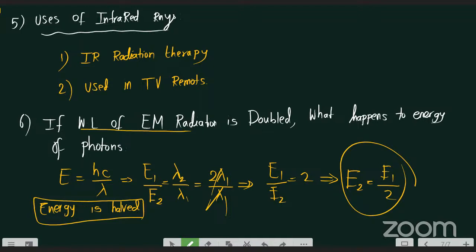So these are the important questions from electromagnetic waves. We are done with electromagnetic waves and alternating currents. Let us move on to the next chapter that we were discussing in yesterday's class: magnetism and matter.